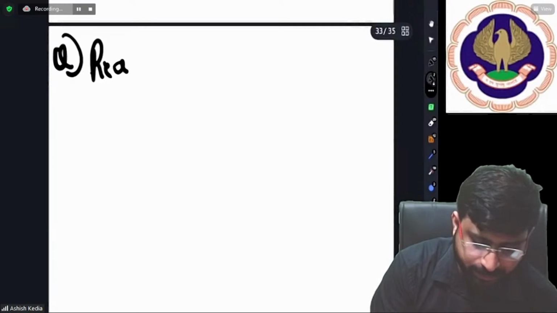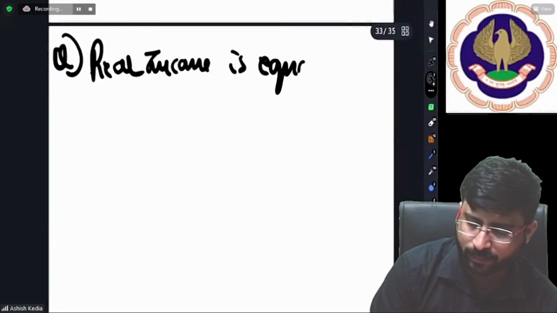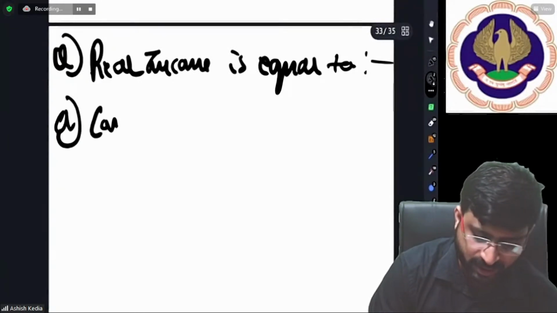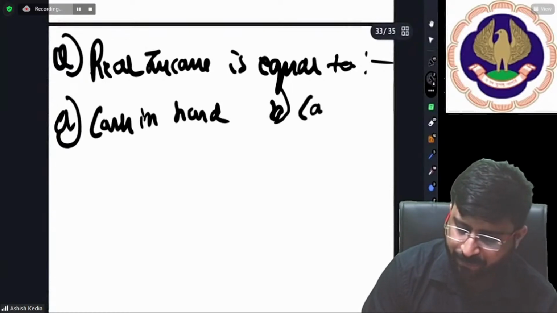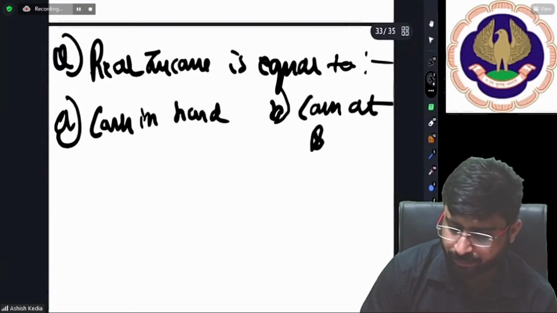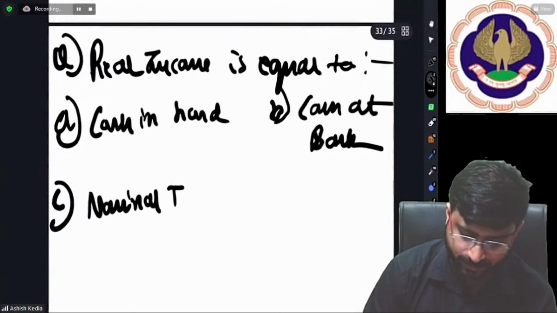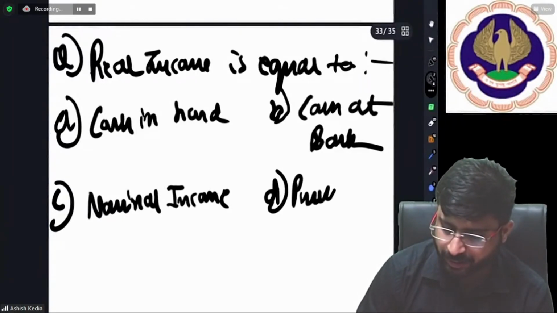Real income is equal to: A, cash in hand, B, cash at bank, C, nominal income, D, purchasing power.